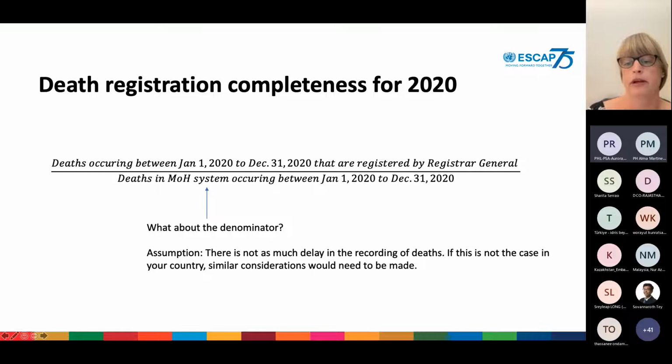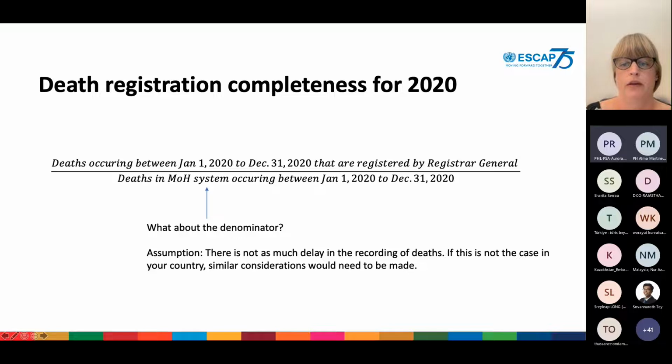And you might ask, well, okay, that's the numerator for registration. When were they registered? We're going to use within a year of the date of death. You might ask, well, what about your denominator? Our assumption is, in general, there isn't much delay in the denominator, especially when we're talking about recording deaths. We would assume that they would happen very close to the time of occurrence in the health facility, if that's what we're using in our denominator, or if we're using, say, cemetery records or police records or something like that.